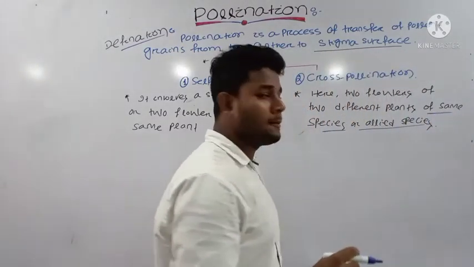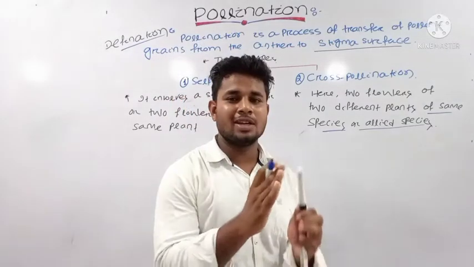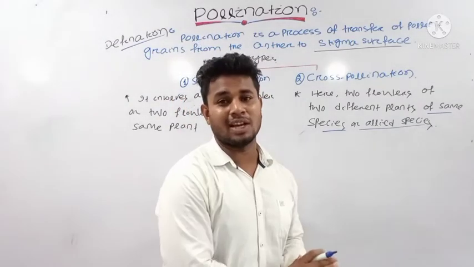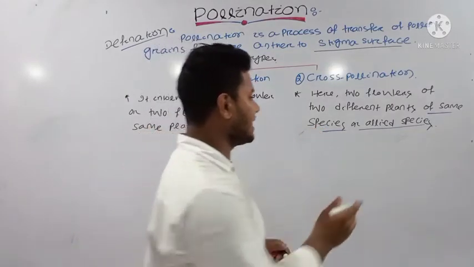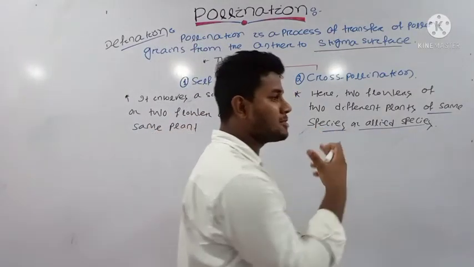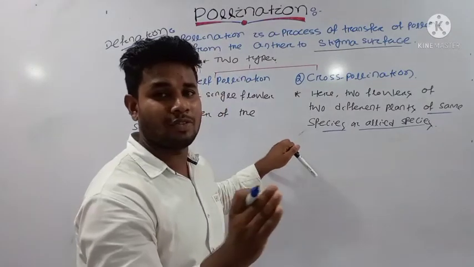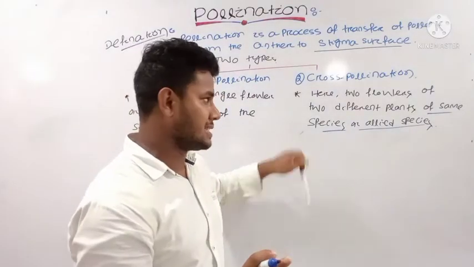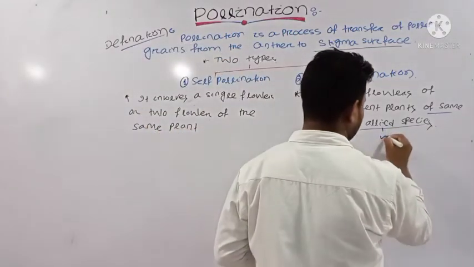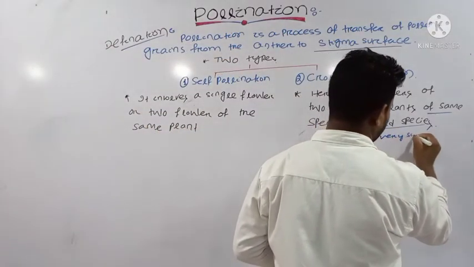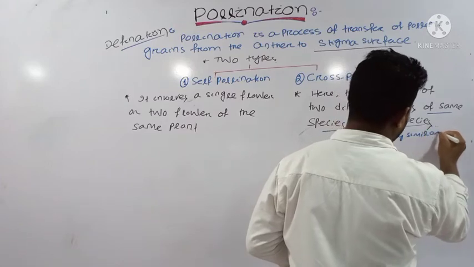Allied species are species that are very similar to a specific organism or group of organisms, that is, species with very similar characteristics.